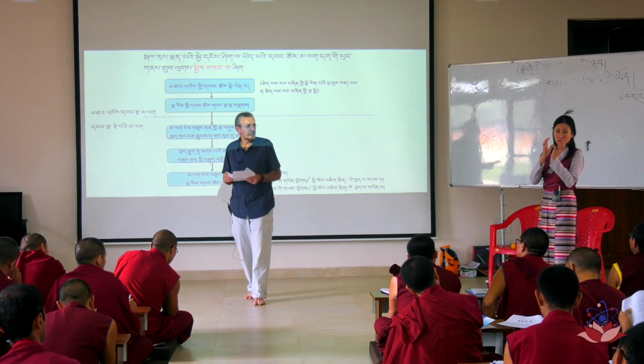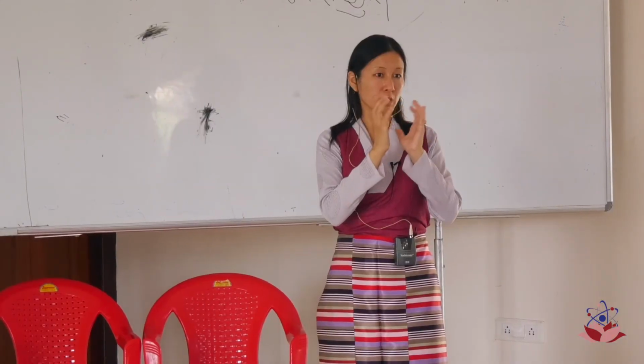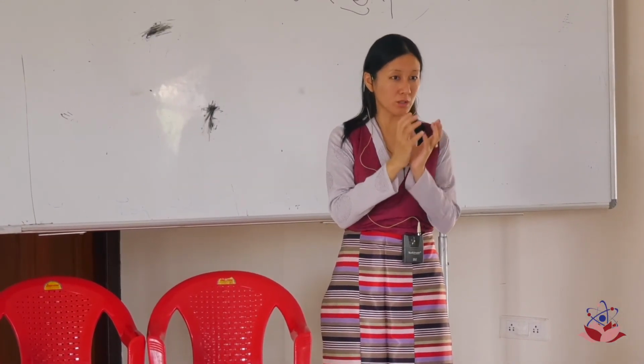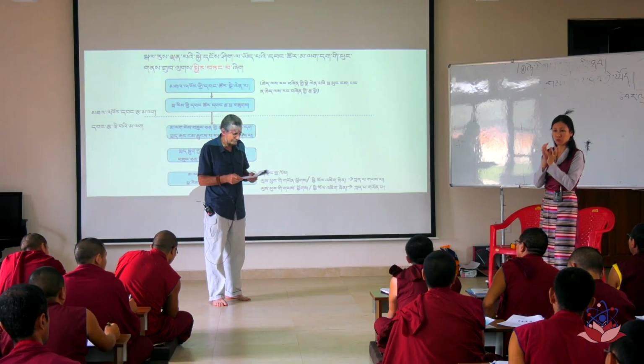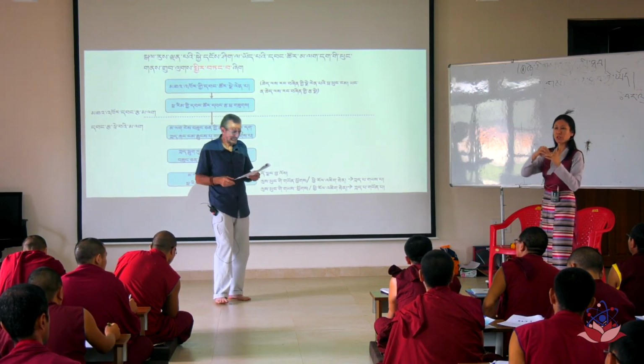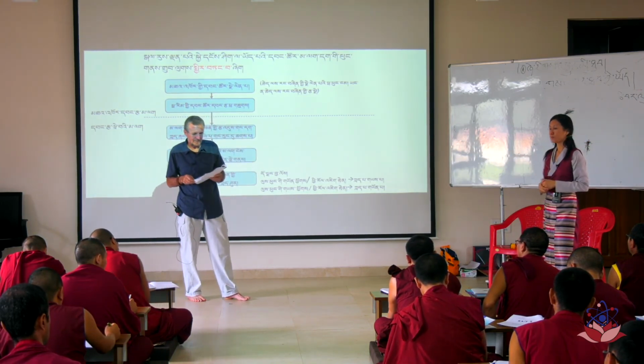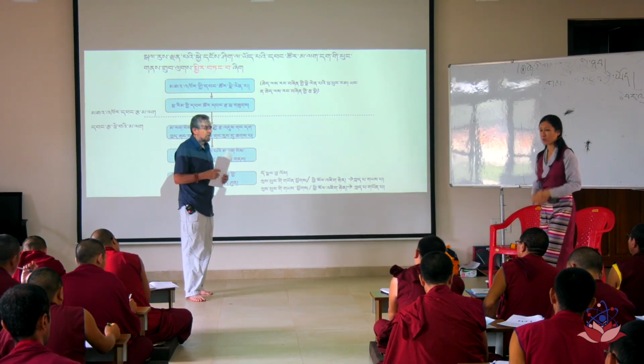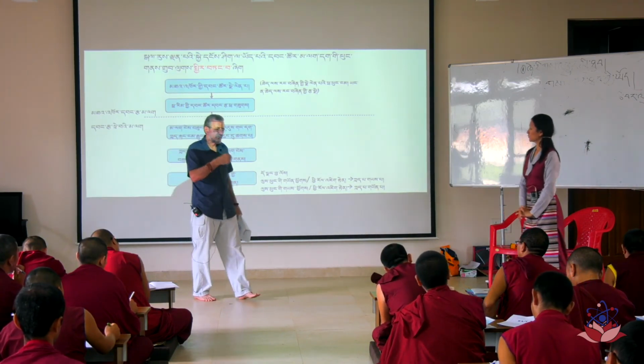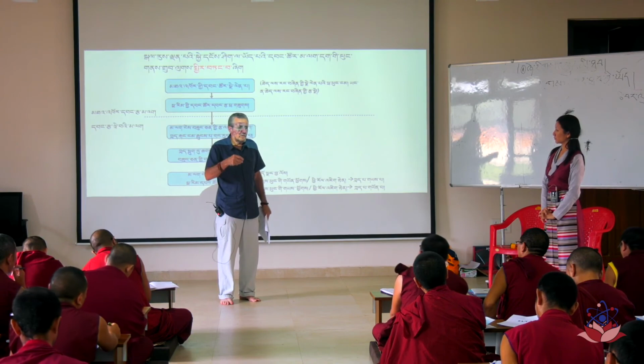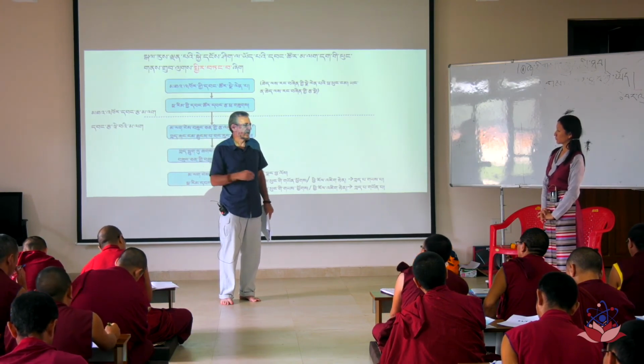So the information gets transferred from the thalamus to specific areas in the cortex.